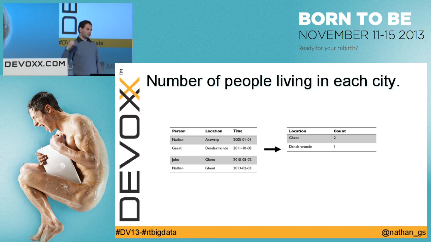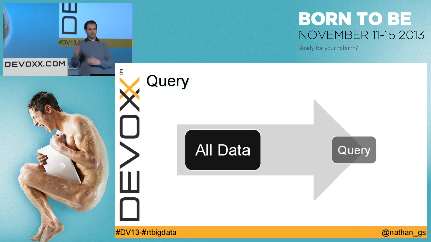I would use a process that goes over all these events and processes them, filters out the most relevant, the current ones, and then does some summing and counting. But this is often going to be slow. So we have all our data and we have our query, but if we want to use our queries, it's going to be too slow.